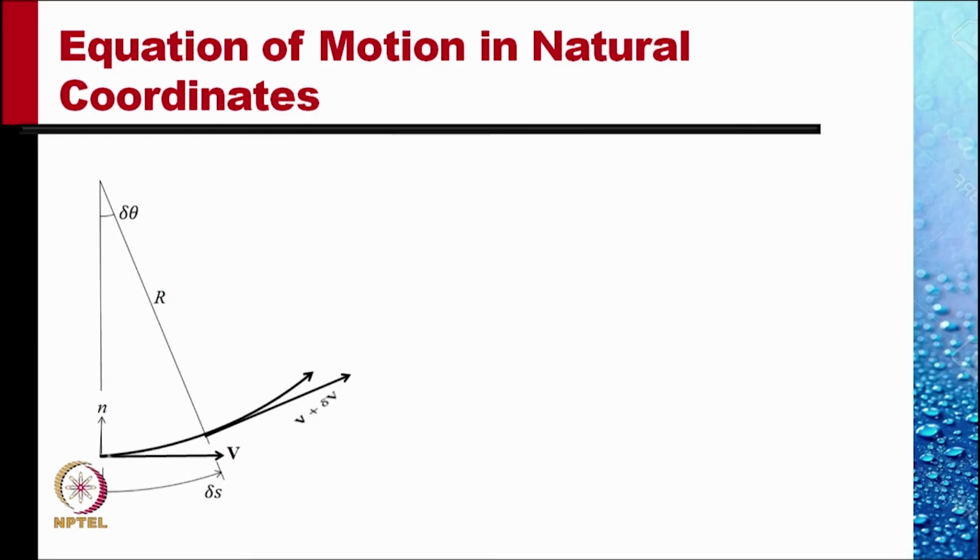Consider a fluid particle moving along this curve. This is a streamline. At the initial time, the velocity is tangent at this point and the velocity is v. At a time delta t, the particle has executed a motion, and for small time we can consider it to be an arc of a circle of radius r, and let us say it has revolved through an angle delta theta.